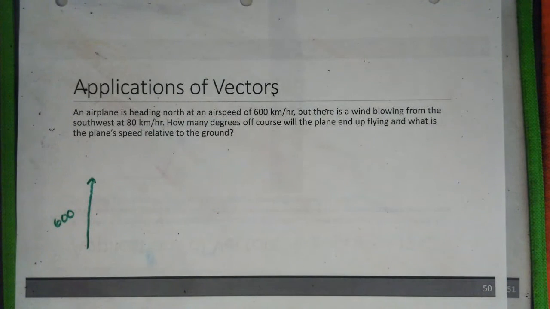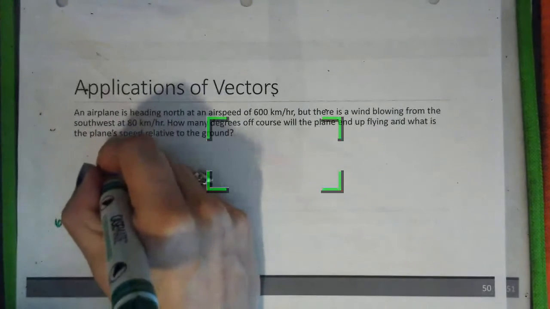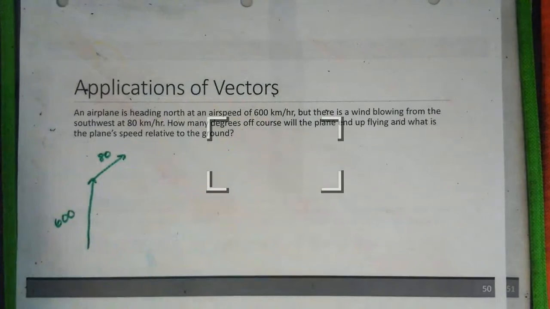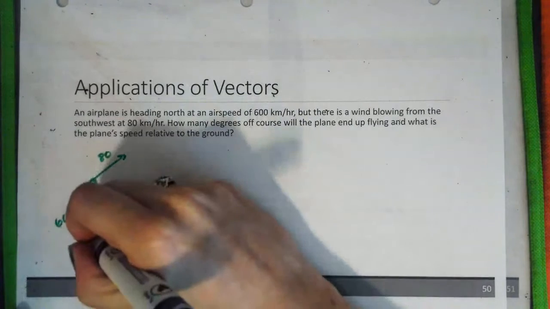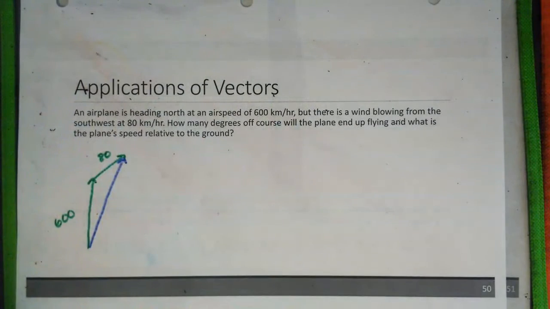So there's a wind blowing from the southwest, towards the northeast, pushing the plane this way at 80 kilometers per hour. So what that means is the plane is actually going this way, which should make sense because that wind is pushing the plane east a little bit.